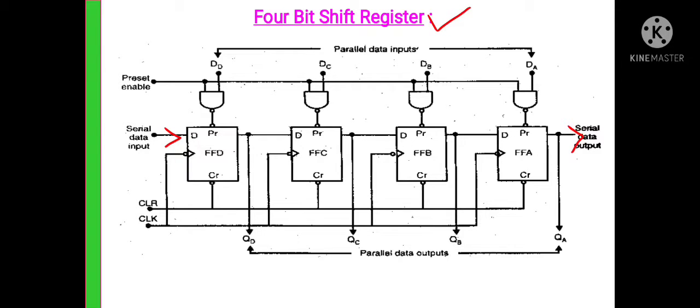From the right side, the serial data can be taken out from this shift register. On the top side, the parallel data can be loaded into this 4-bit shift register, and from the bottom side the parallel data can be taken out.